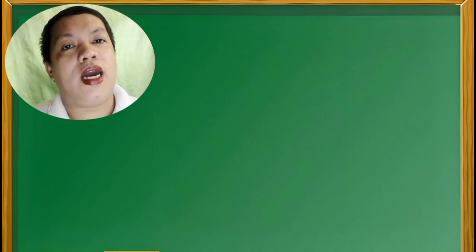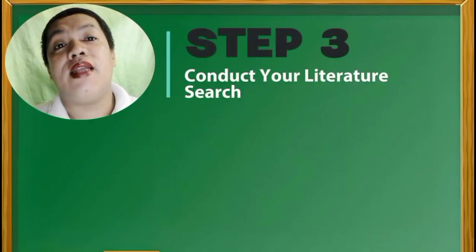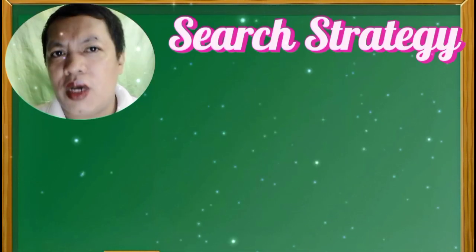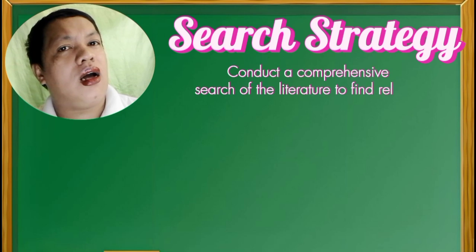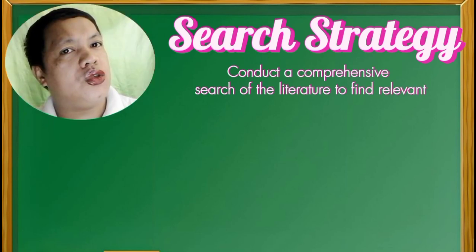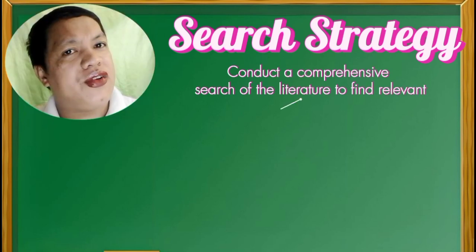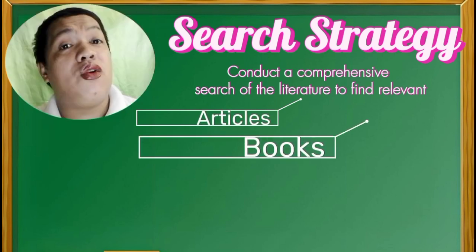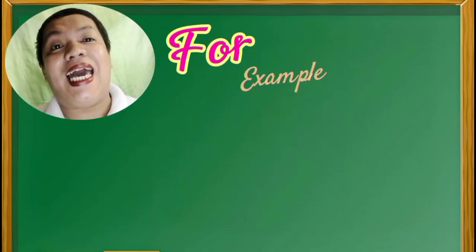And the step 3 is conduct your literature search. Using your search strategy, conduct a comprehensive search of the literature to find relevant articles, relevant books, and other relevant sources. Let me give you an example.